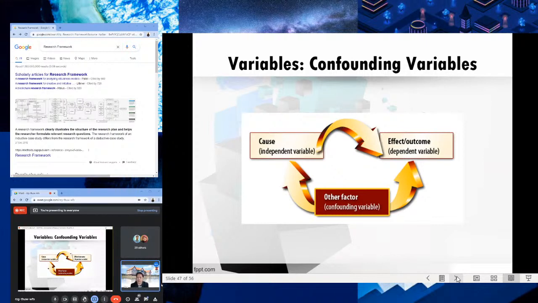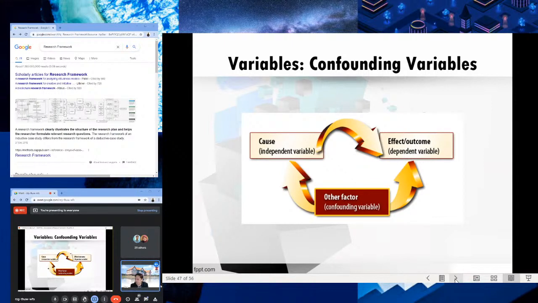So there is another factor that is also important to give some significant analysis for both relationships, the independent and dependent. That falls under confounding theory. Confounding variable, sorry.